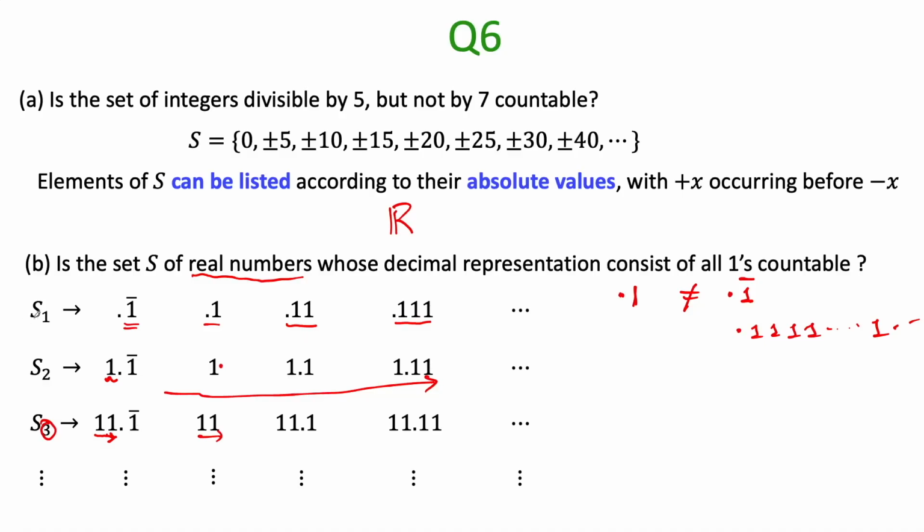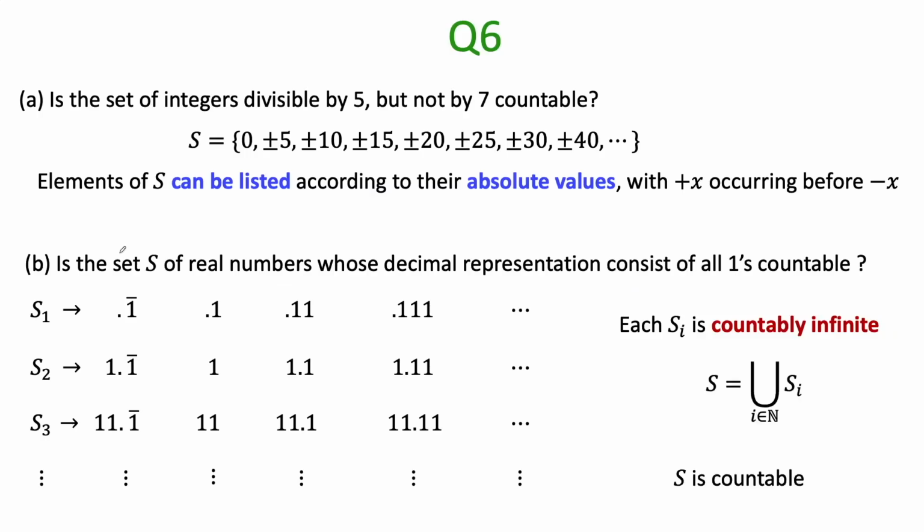Each of these listings is a valid listing, and if I take the union of all these sets S1, S2, S3, that gives me the bigger set S. The bigger set S is the union of several countable sets, and hence S is countably infinite.